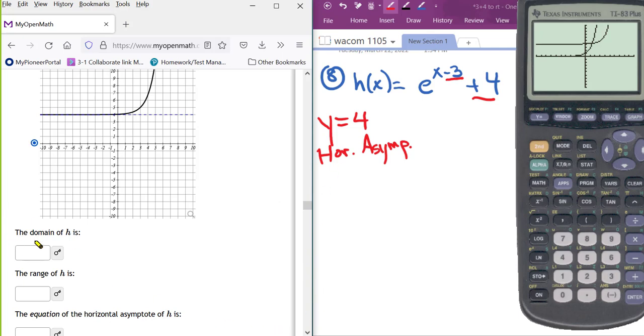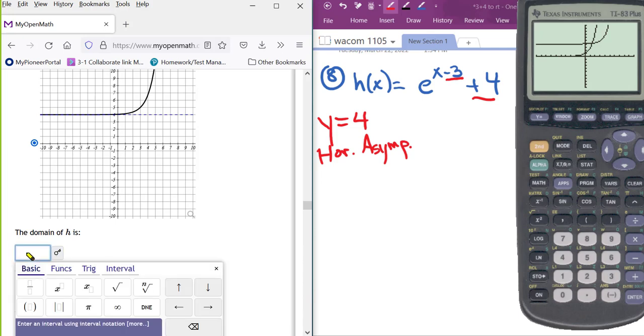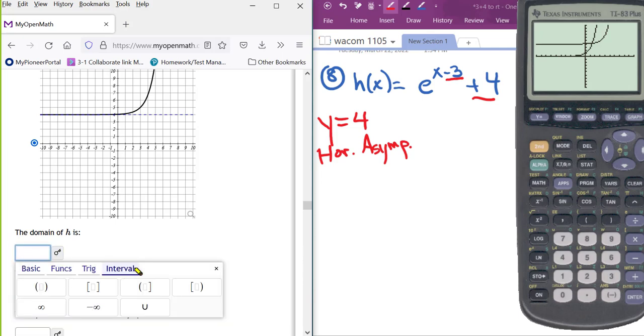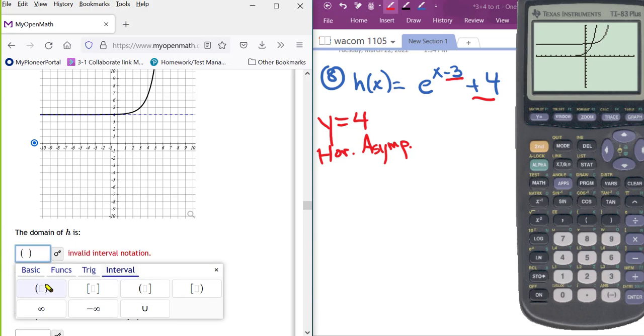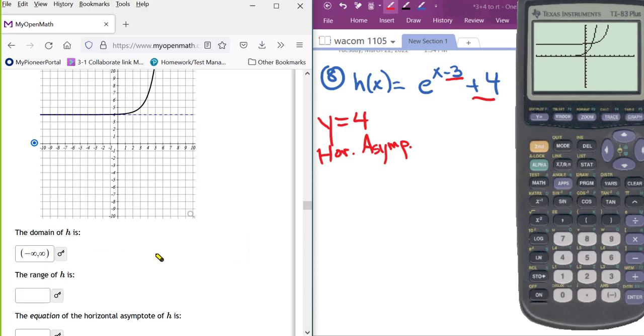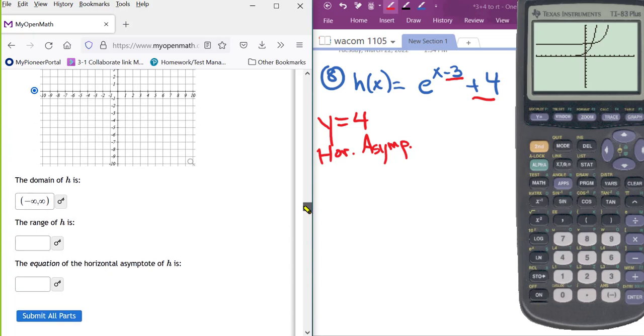Your domain is going to still be -infinity to +infinity. And we'll put that on there to make sure I pick the right graph. Then I can check the answers if I enter everything. My range: your lowest point is going to be your horizontal asymptote, so it's going to be from 4 to infinity.